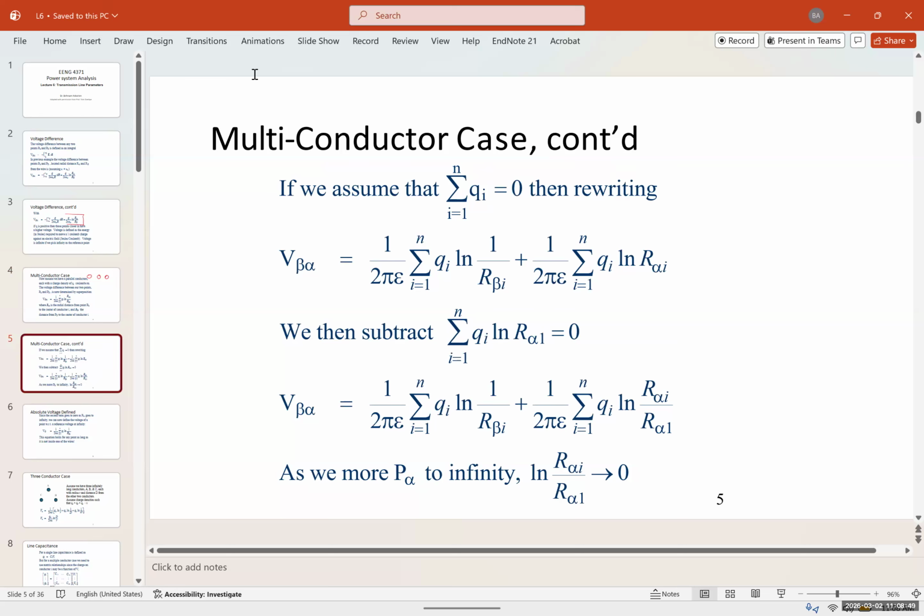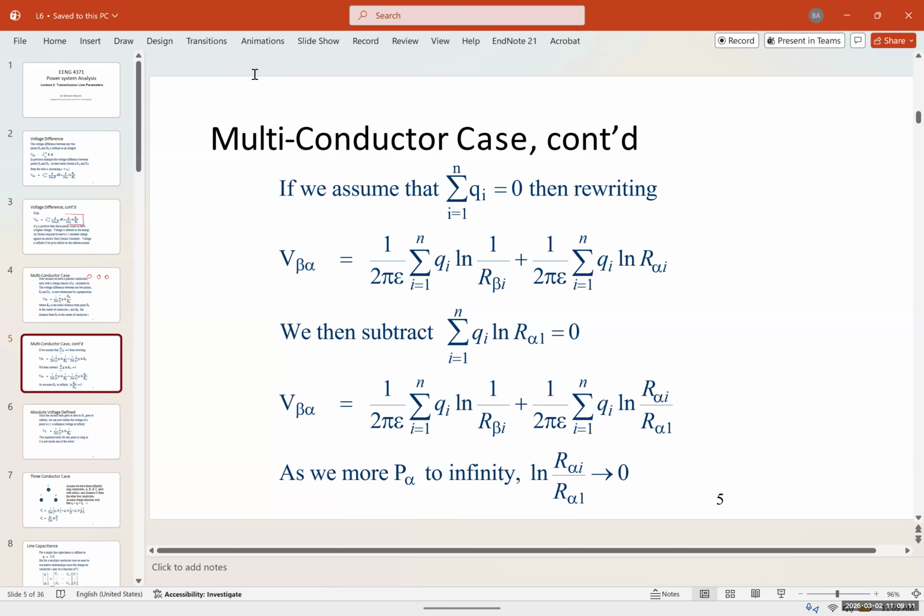If we assume that the sum of Qi from i equals 1 to n is equal to 0, then rewriting V beta alpha, it would be 1 over 2 pi sigma, the sum from i equals 1 to n of Qi ln of 1 over R beta i, plus the sum of Qi ln of R alpha i.